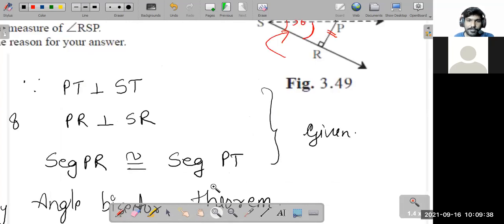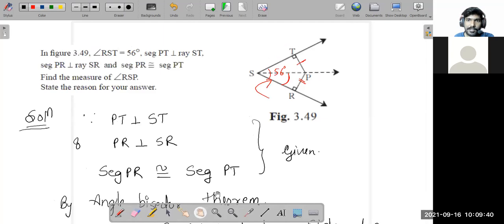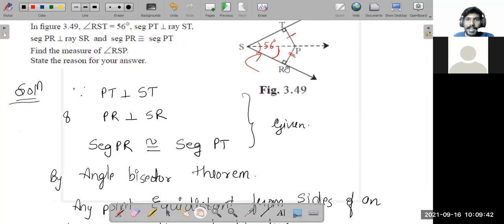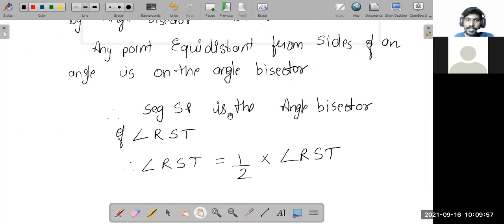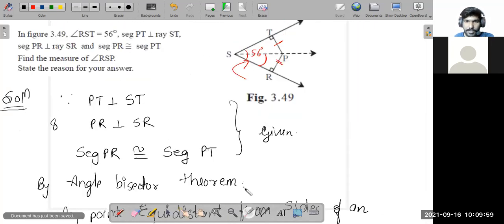So from here, finally, you can conclude that you have to find out angle RSP. So angle RSP will be half of angle RST, because it's the angle bisector. The below one, that is RST, is this one, if you look at the figure.